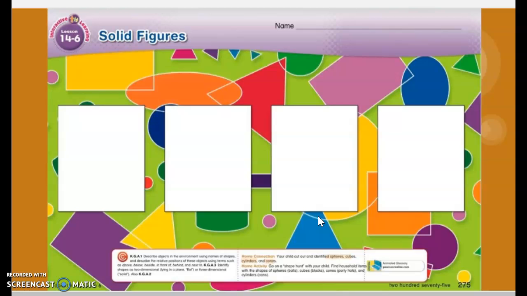Like I have a Jenga box that's the shape of a rectangular prism. And you can also find a sphere. A sphere is like a ball. If you have a ball somewhere, that is a sphere.